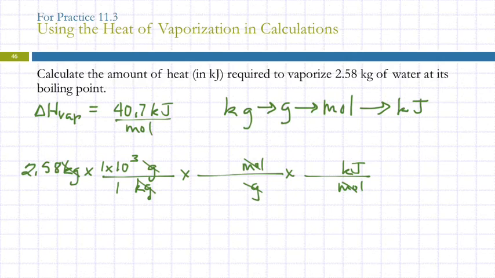Alternatively, you could write 2.58, and instead of writing kilogram, you could write what kilo means: 2.58 times 10 to the 3 grams, because this part is the K. Molar mass, 1 mole of water, 18.02. And then here's our conversion factor, the heat of vaporization, 40.7 kilojoules per mole.